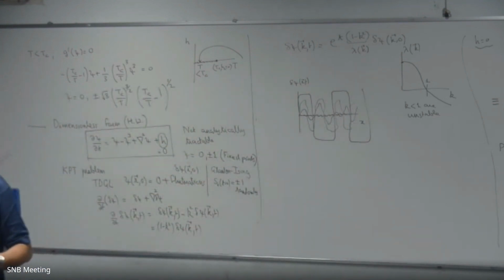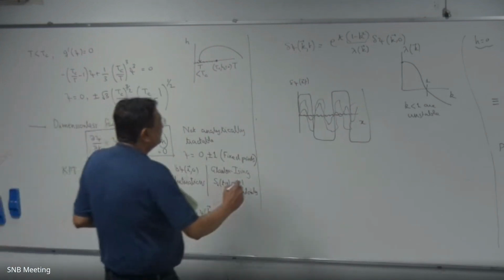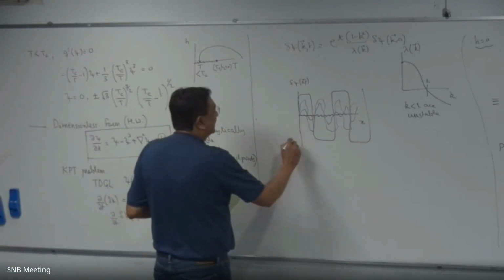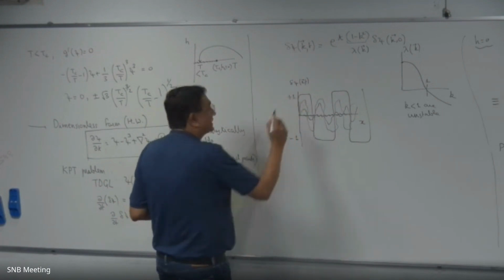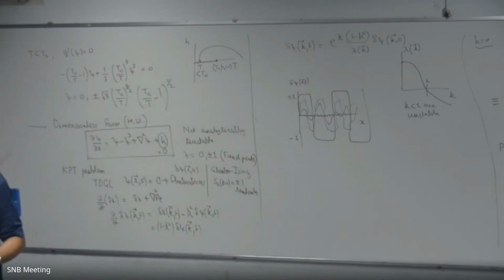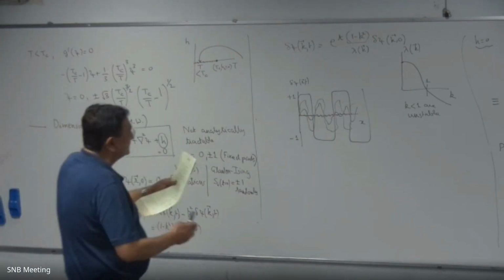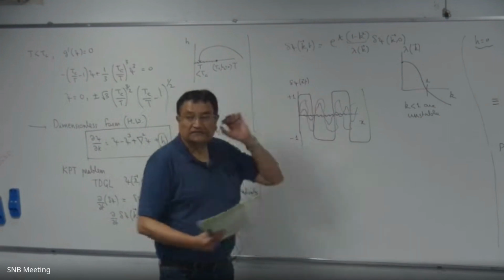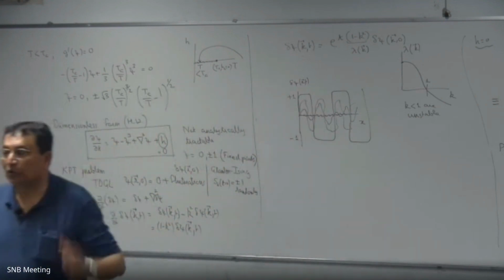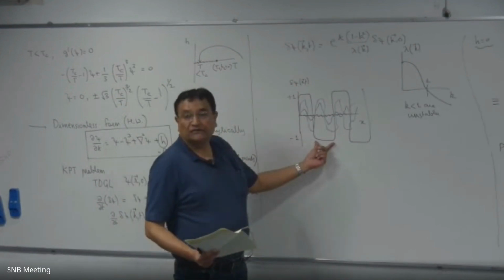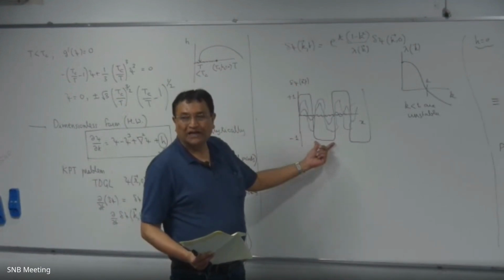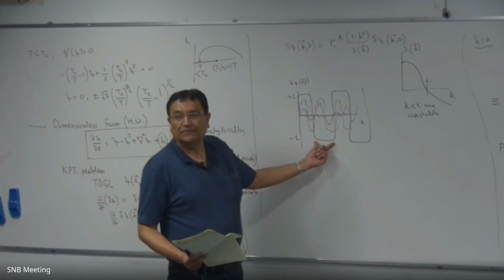Remember you are equally happy to be at either of the fixed points. So some regions saturate at -1, some regions saturate at +1, and then these domains grow with time. That's when domain growth starts. Once this nonlinear amplification of instabilities is done, the domain growth process starts, and then it makes sense to talk about the length scale of these domains and how it grows as a function of time.